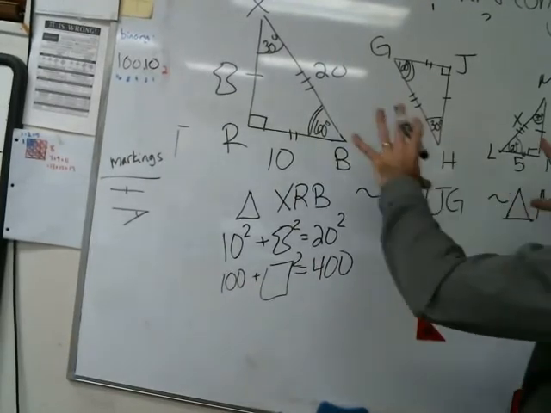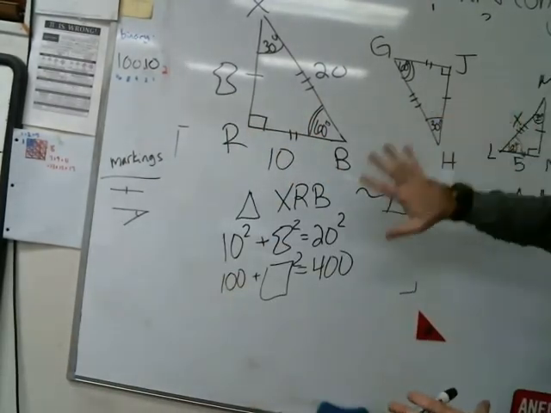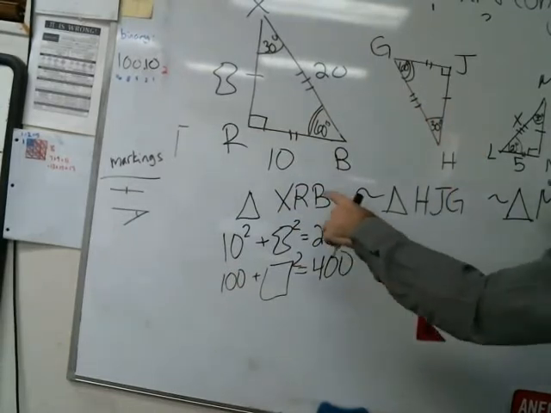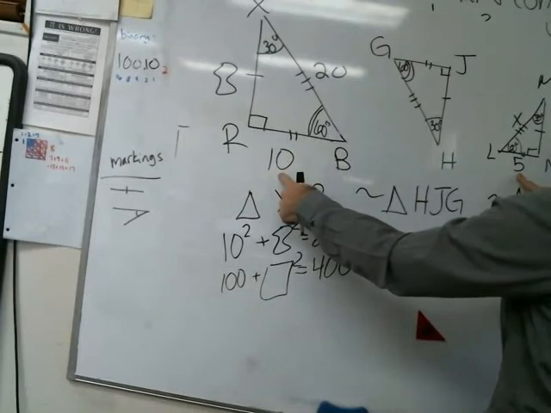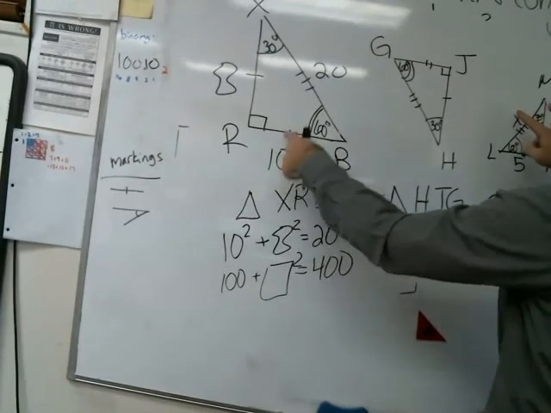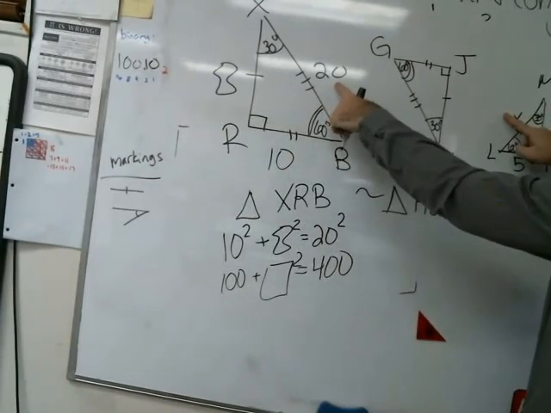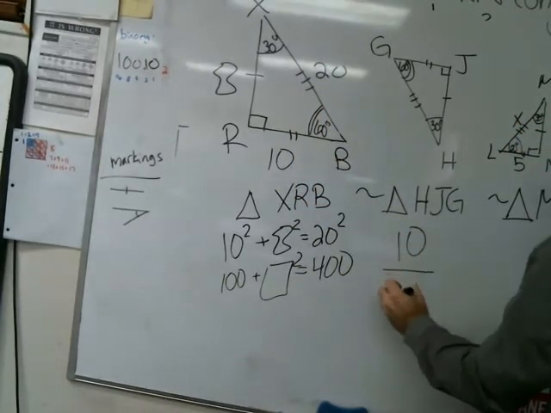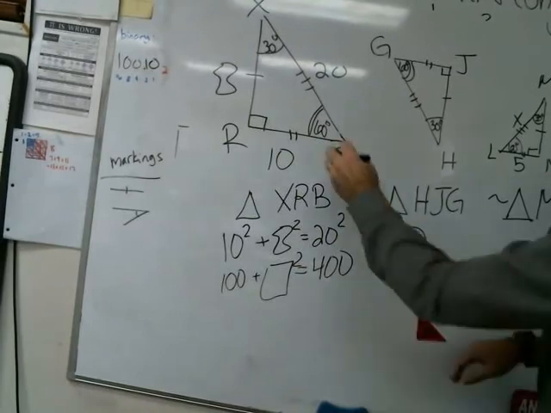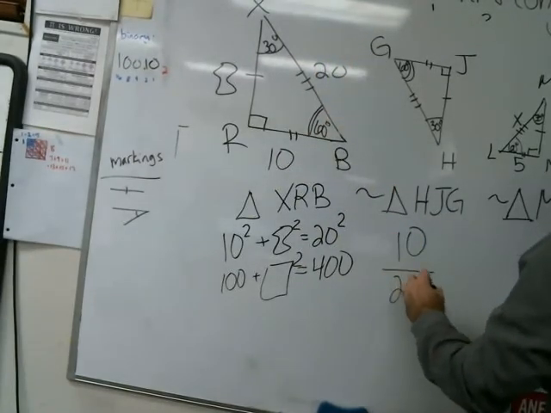So there's enough information here for us to start figuring out things. We would say then 10 is to 5 as 20 is to x. We could match these up. 10 is to, or maybe I'll do 10 is to 20.